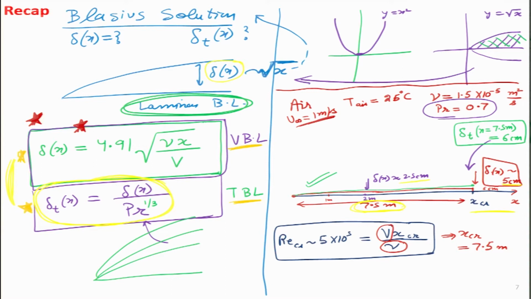So, only 2 inches after 7.5 meters. If we compare these two numbers, the boundary layer is going to be very thin. It increases very gradually, almost along the flat plate.